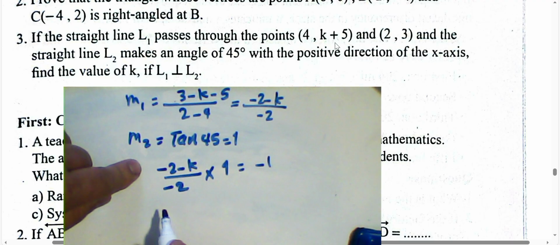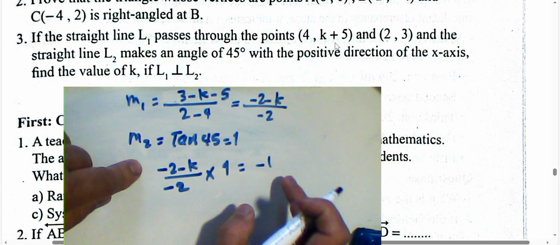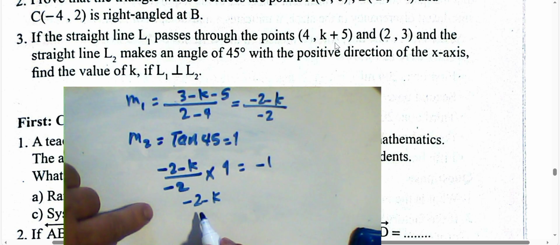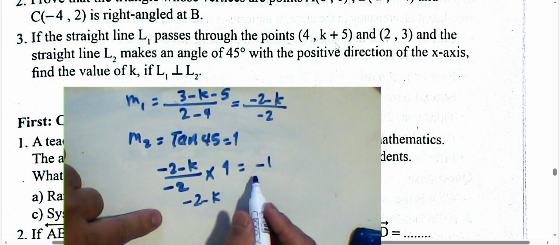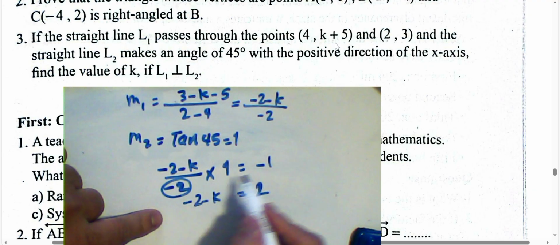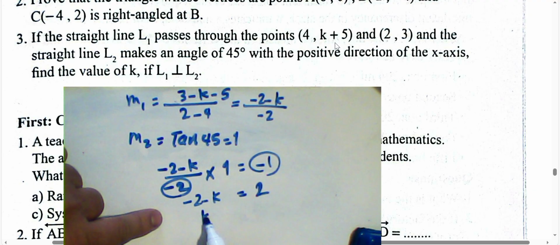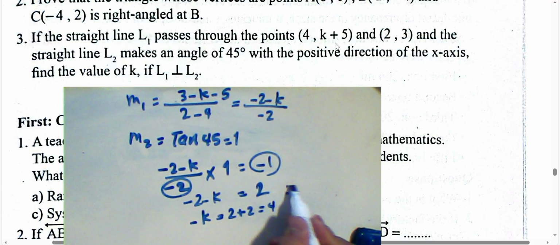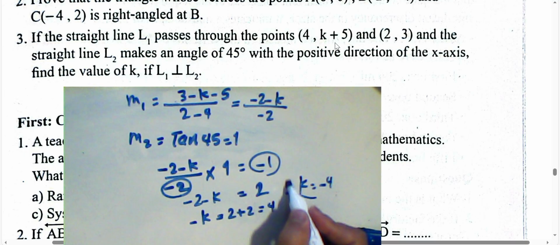And the third step, put here negative 1 times negative 2 times 1. Then negative 2 minus k equals negative 1 times negative 2, it will be positive 2. Then the value of k, move here negative k and move this, it will be 2 plus 2 equals 4. The value of k equals negative 4.